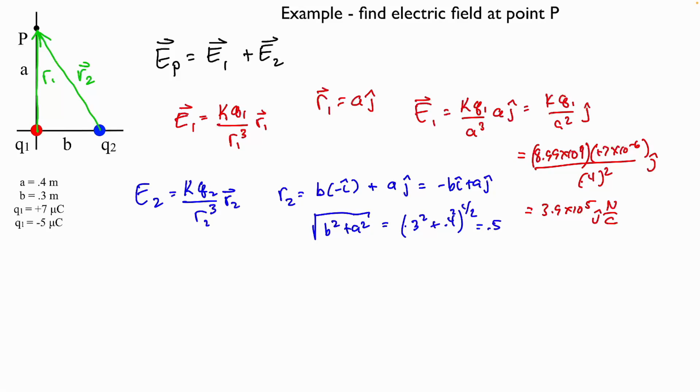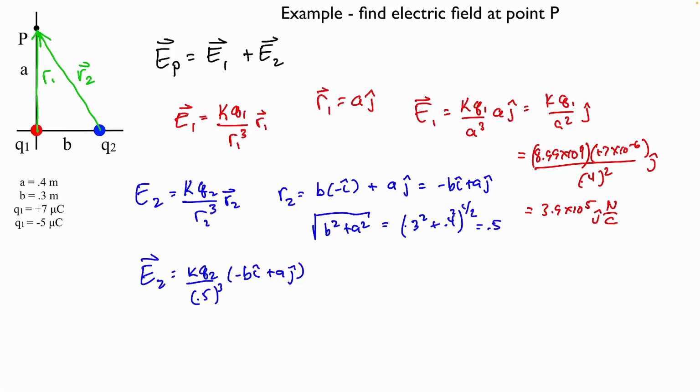All right, so I have that. And now I can go ahead and write down what E2 is. It's going to be kQ2 all over 0.5 cubed, and then it's going to be negative B I hat plus A J hat. So E2, the electric field vector E2, has two parts to it, right?